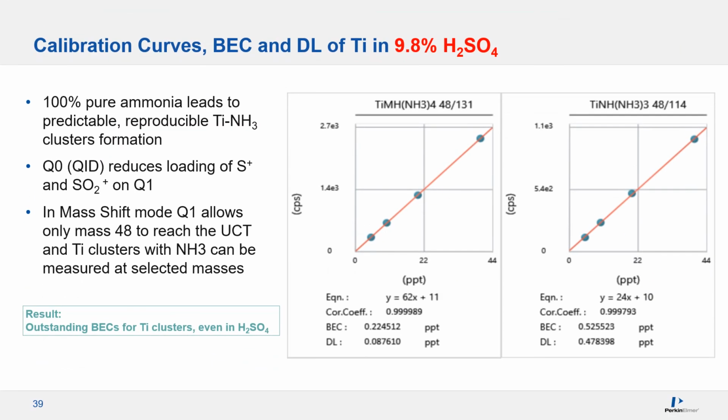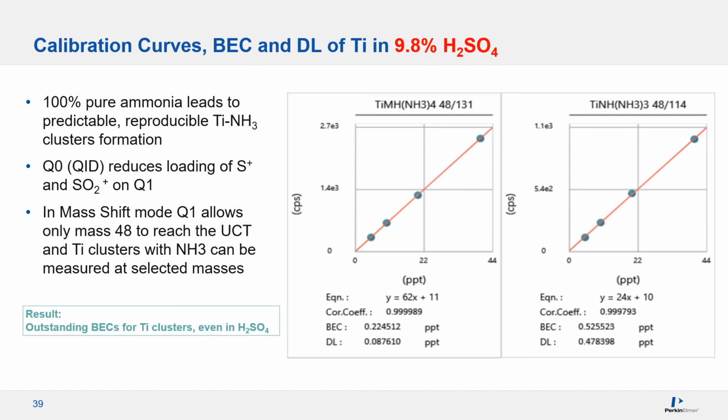As was presented on the previous slide, 100% pure ammonia leads to predictable and reproducible titanium ammonia cluster formation. QID, or Q0, could reduce some of the loading of sulfur and sulfur dioxide on Q1 when sulfuric acid is analyzed.